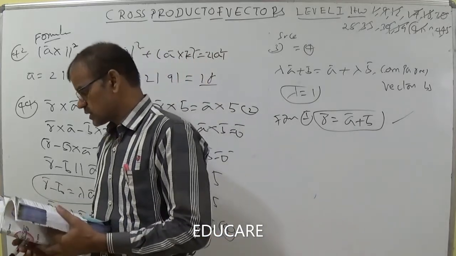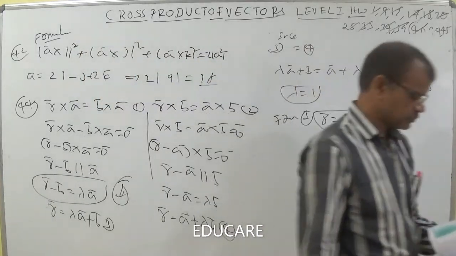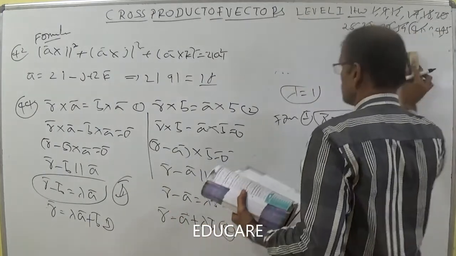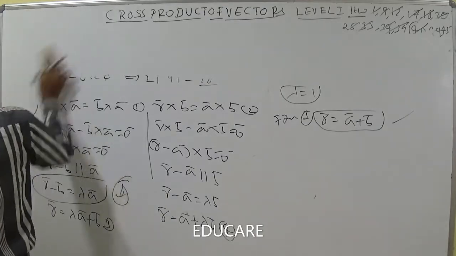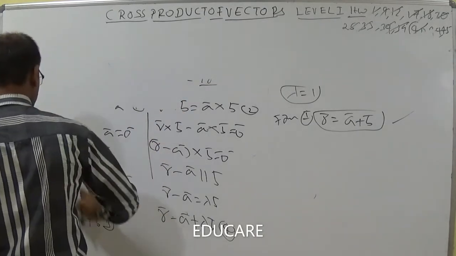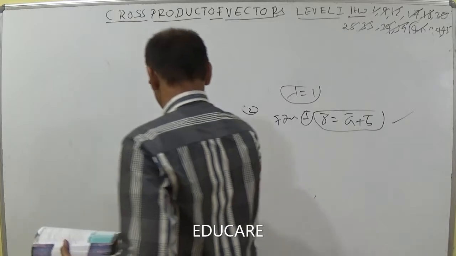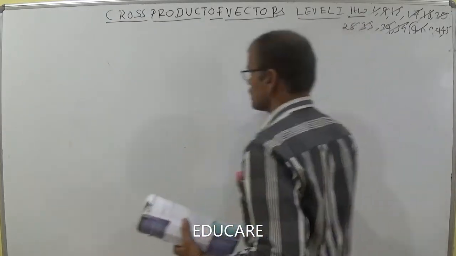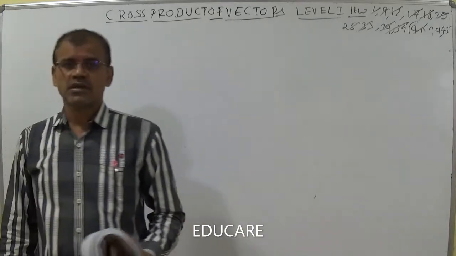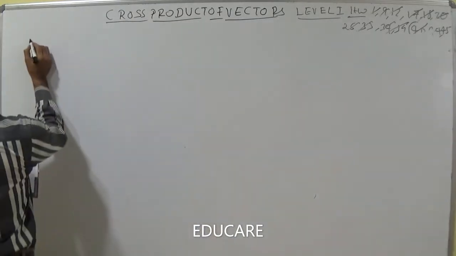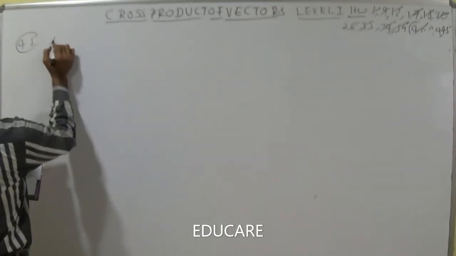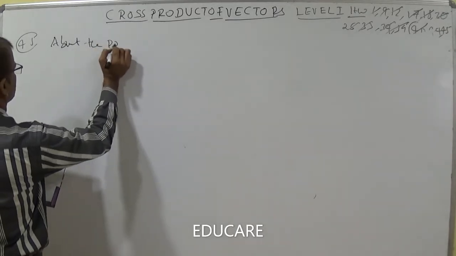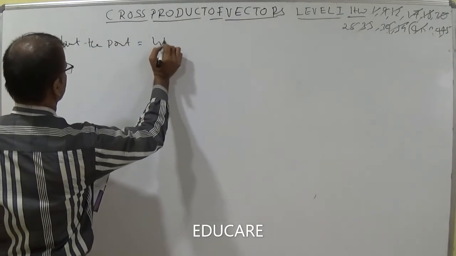Next, let us discuss the 45th question. The moment about the point. In each and every level, he is giving a physics question. The moment, here we can represent it as a torque tau. The main thing every student should not get confused about: the point given after 'about the point' is the first point.